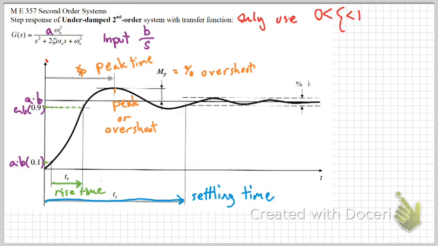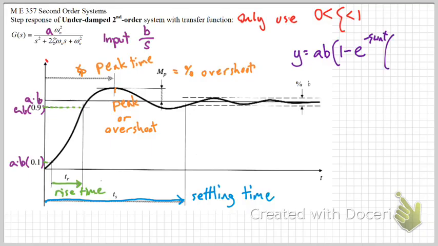For any second order underdamped system, our output, so this curve here, can be defined as y is equal to AB times 1 minus e to the negative zeta omega n t, which reminds us a little bit of our first order functions.